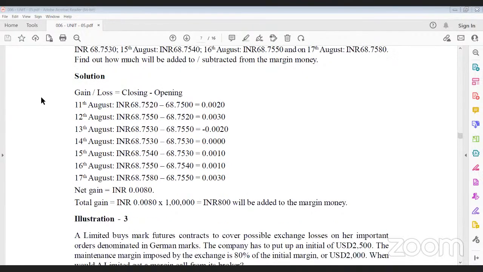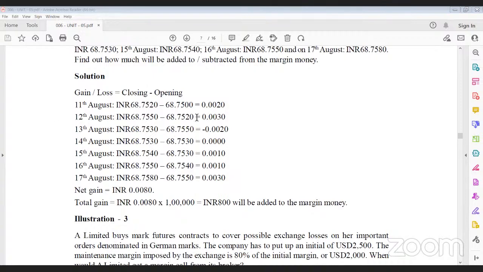Now, for this, we know the formula: whether it is a gain or a loss, you will know by subtracting the opening rate from the closing rate. We have to calculate from 11th to 17th, so write down all the dates from 11th to 17th.